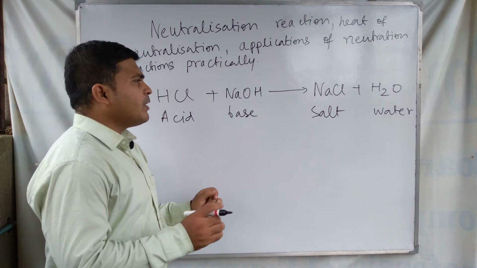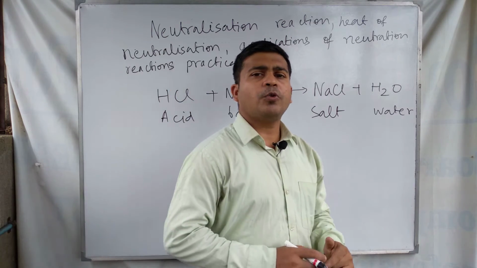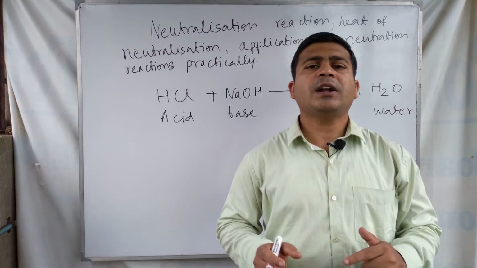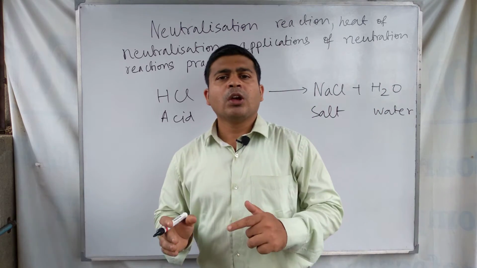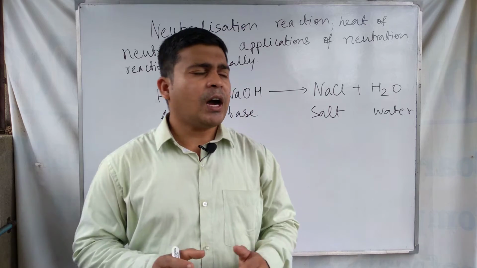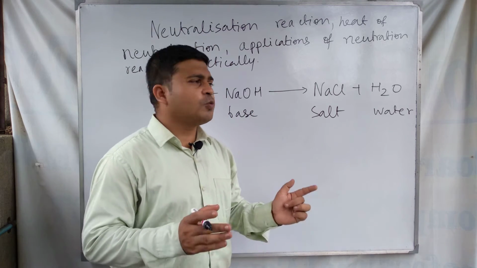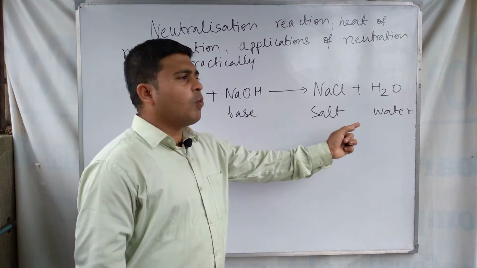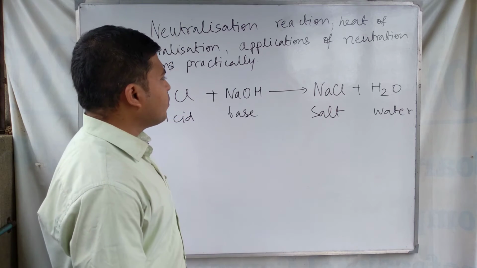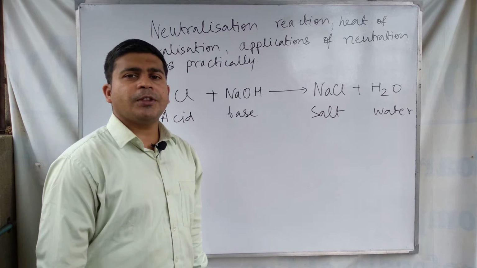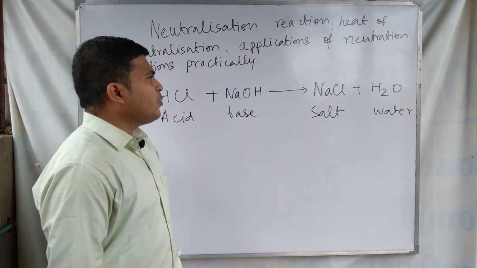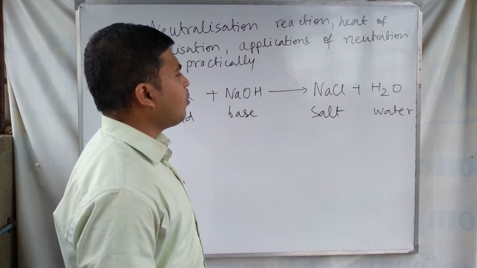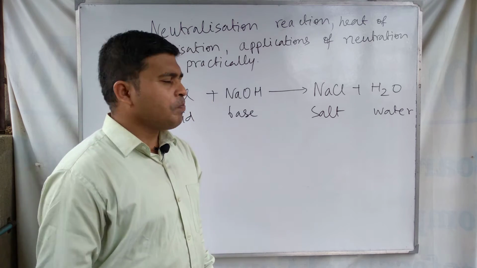So it is the type of reaction where equivalent amounts of an acid and a base are reacting together to form two products. One is salt, another is water. This is called a neutralization reaction. In neutralization reaction, salt and water form as the only products.